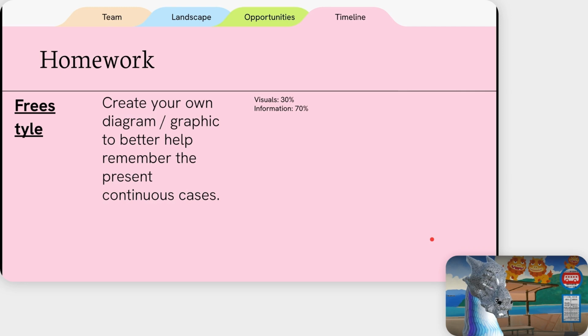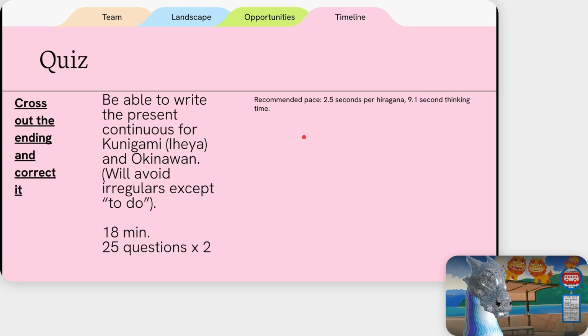And the quiz I'm going to put out at the beginning of class next week is just going to be cross out the ending and then correct it. It will have specific instructions like convert it to present continuous, change it back to the base form, etc. Actually, I might not do present, but just do continuous only.